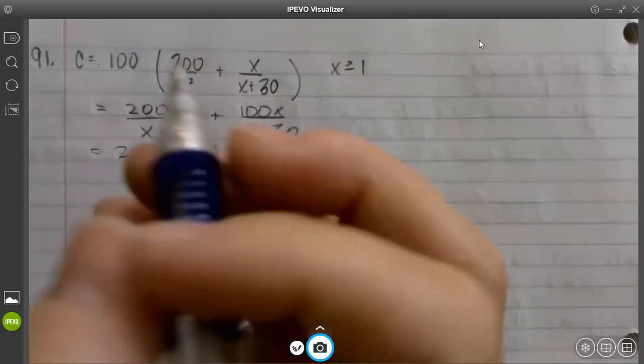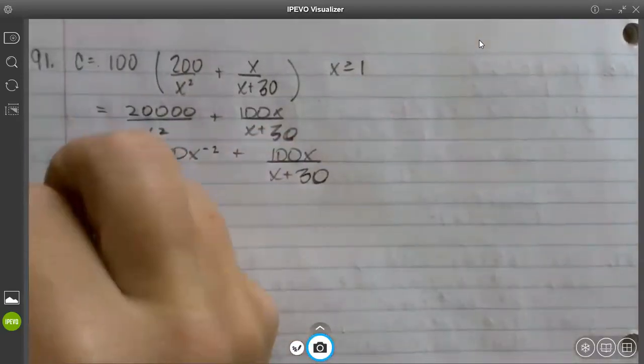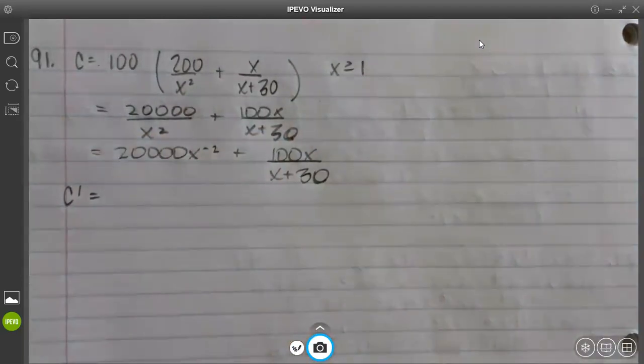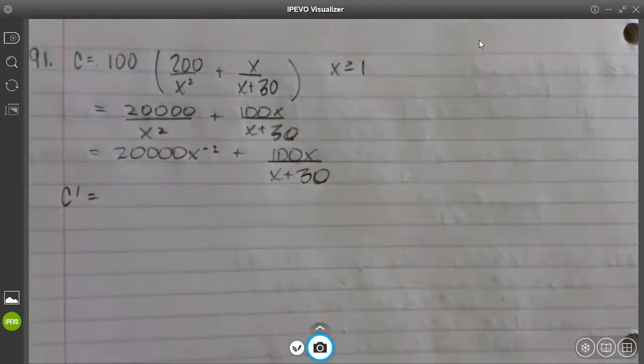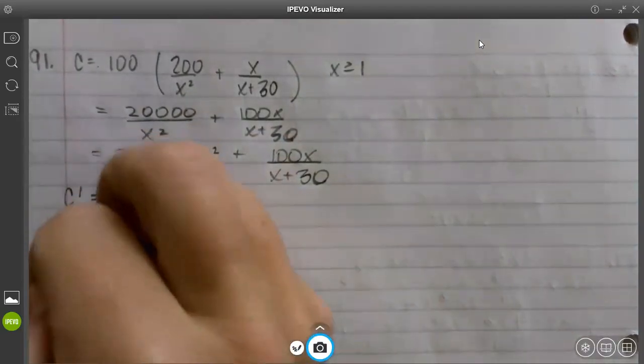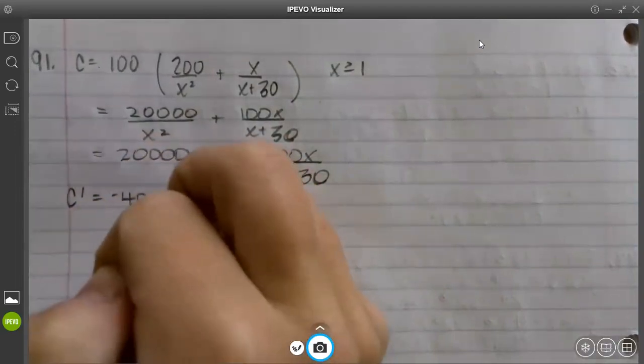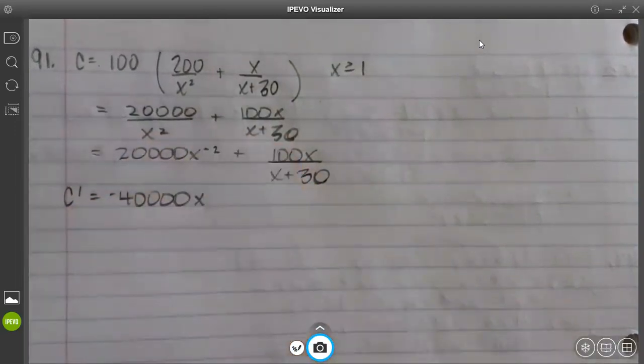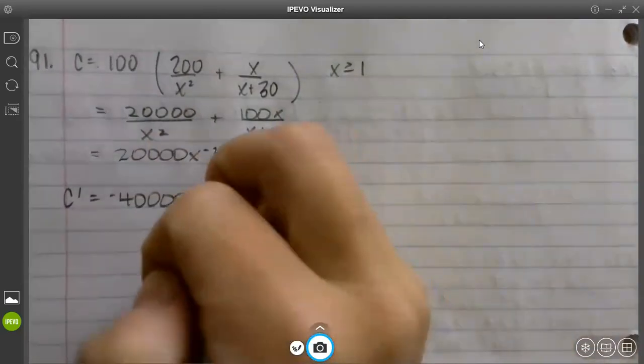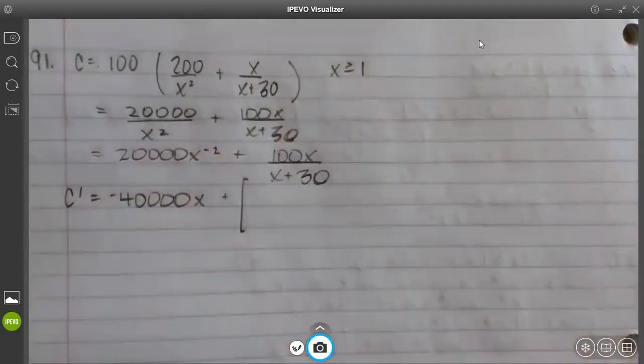All right, so now we found the derivative. What's your derivative of 20,000 x to the -2? Everybody good with that? And then on this side, I'm going to have to do the quotient rule.